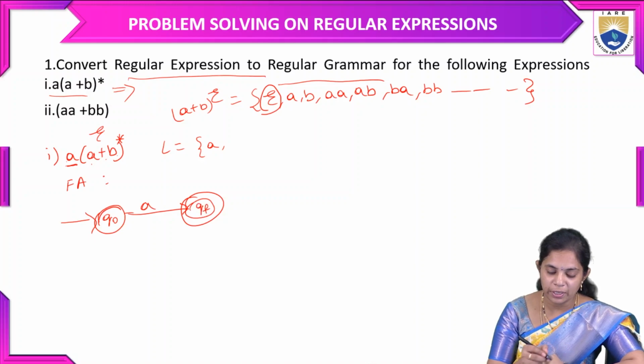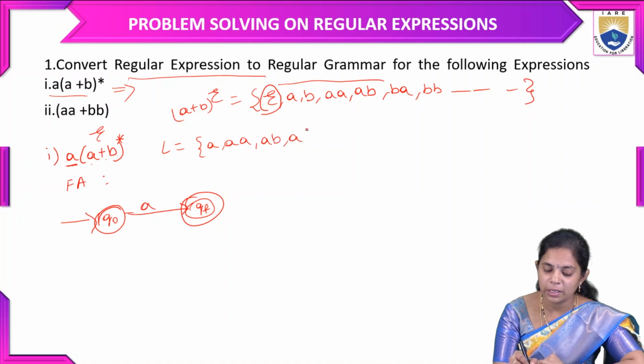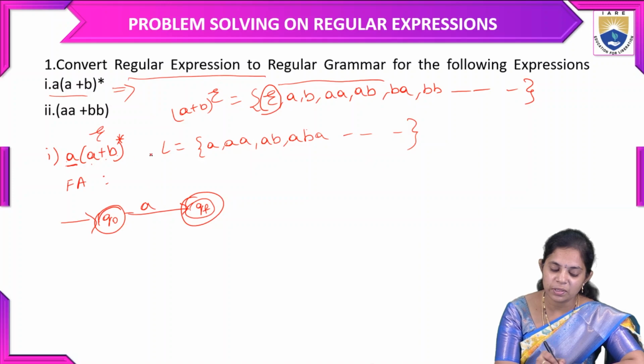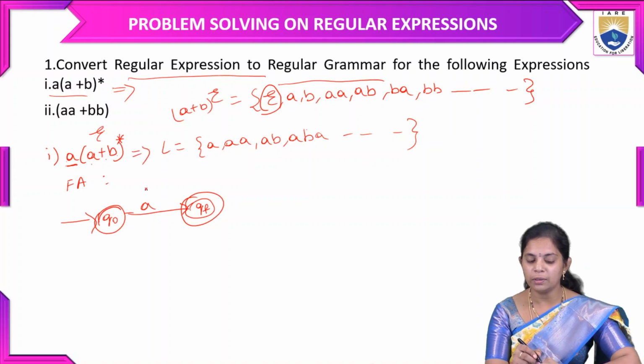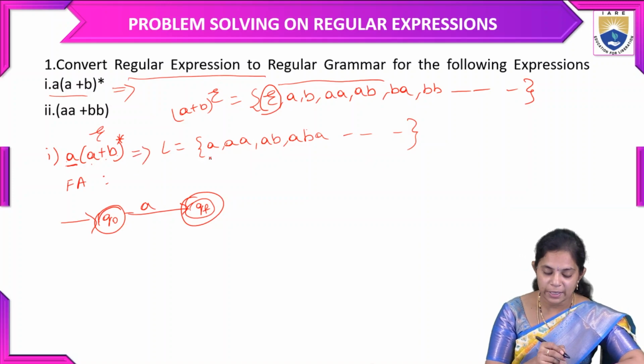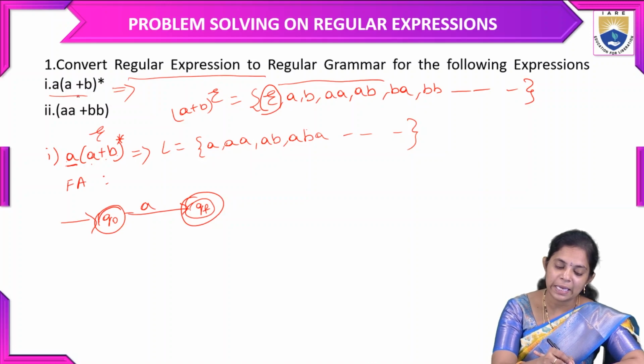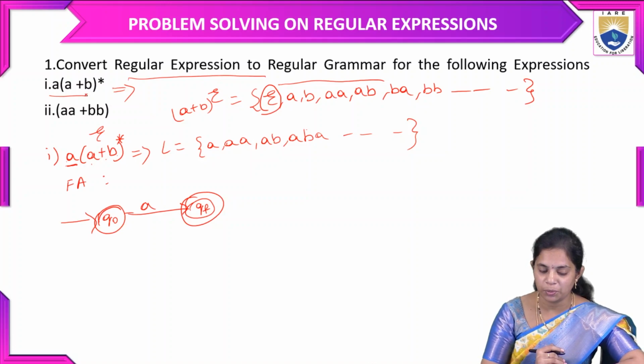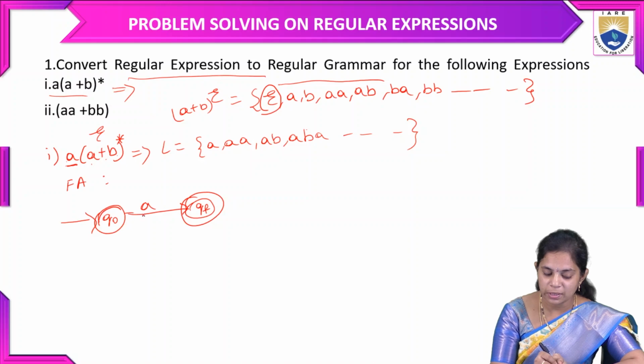And here we have to design this regular expression. If you take a, b, aa, ba and so on, this is the language for this expression. So first one is a, and here we need to write this (a+b)* finite automata. So with this (a+b)* finite automata, I will write it as a, b.